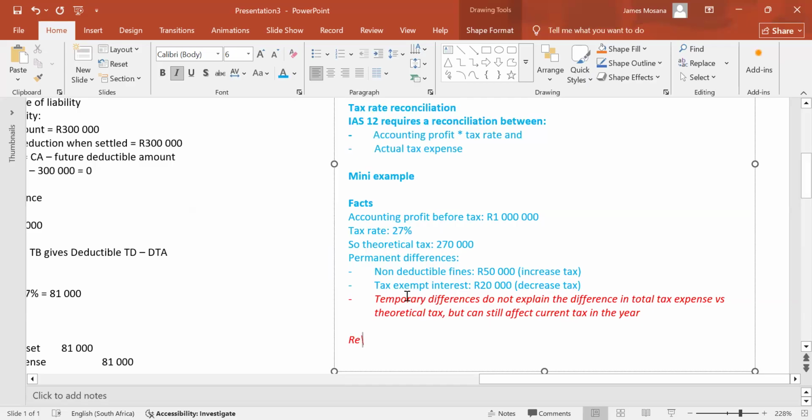So now we are going to start with reconciling. Remember, this is the tax rate recon. So you are going to start with 270,000.